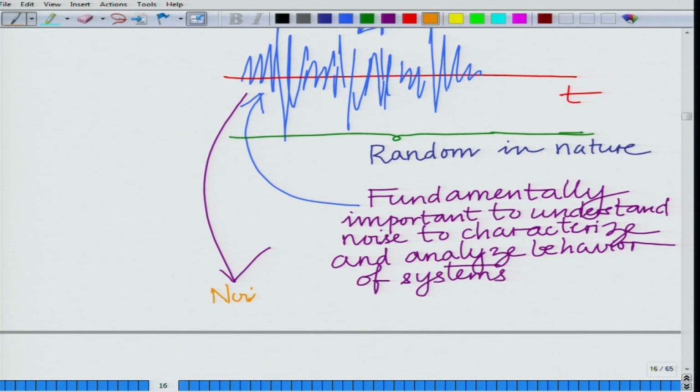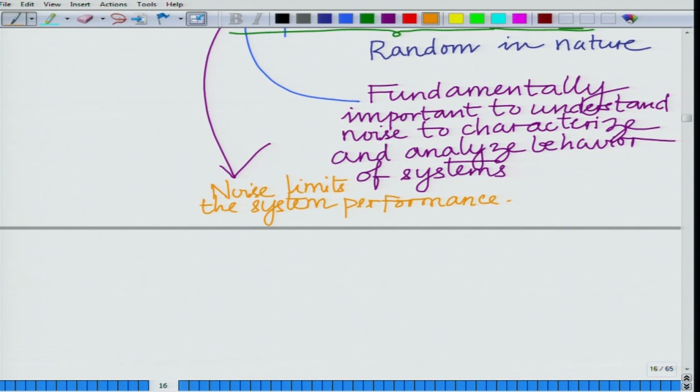That has to be something that is remembered. Noise limits the system performance, and it is of fundamental importance in the performance analysis and characterization of the behavior of any system.